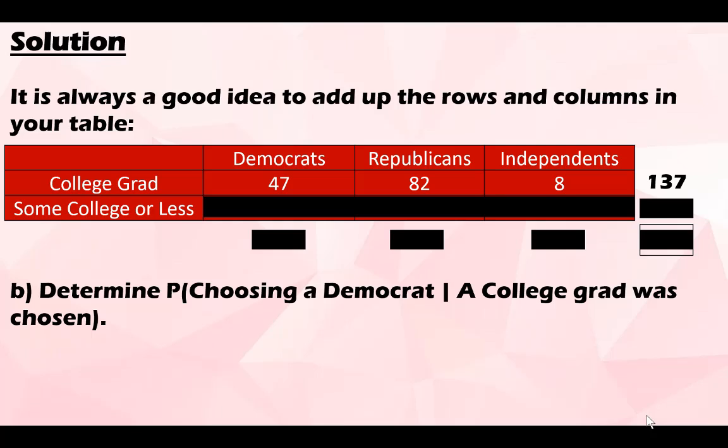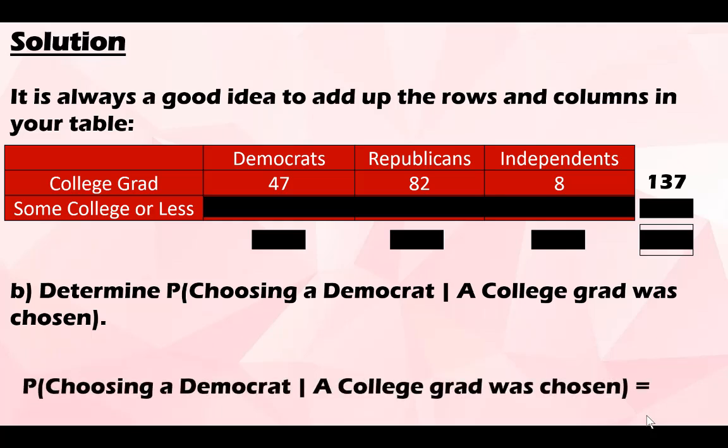There were 137 people at this rally who were college graduates, and it's broken down into 47 Democrats, 82 Republicans, and 8 independents. So the probability of choosing a Democrat from this group of college grads is going to be 47 out of 137. And that fraction doesn't reduce, so that's your answer.